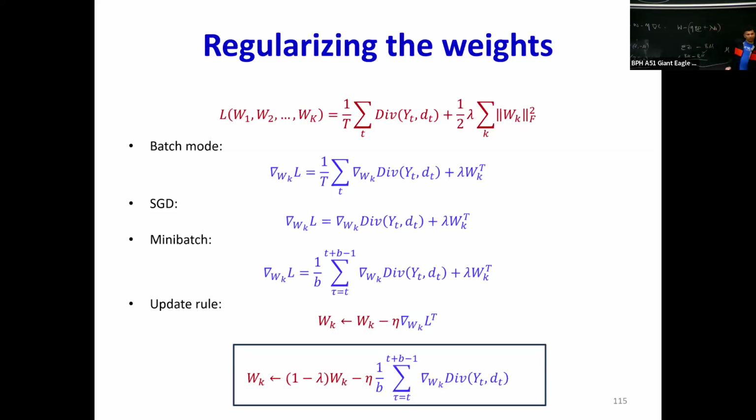Because this was what you got from the second term, which said you have to minimize the length of W. And if I just put these together, this is simply 1 minus lambda times W minus eta times your backprop derivative.